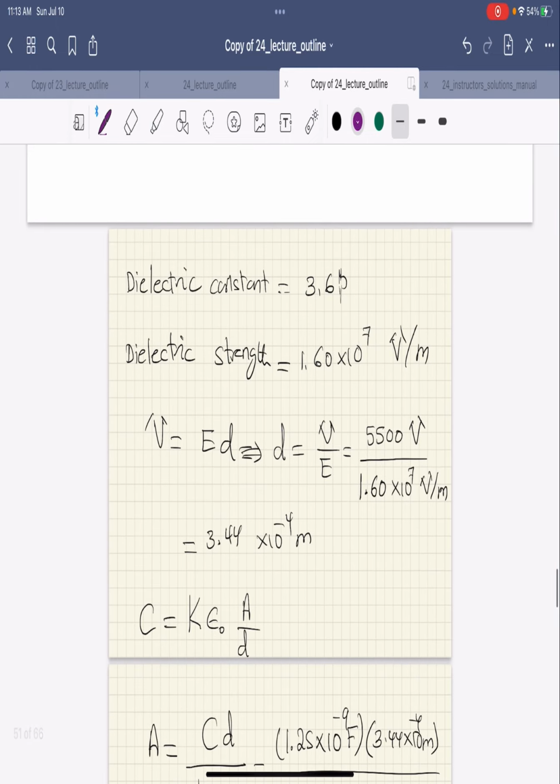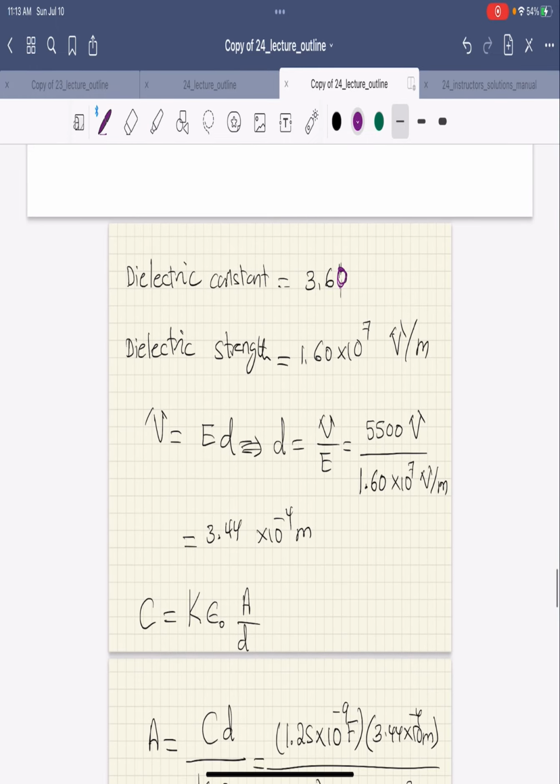Now I wrote here the quantities. Dielectric constant 3.6, the dielectric strength, which is E maximum, is 1.6 × 10^7 volts per meter. We know that V is going to be E times D, and therefore I can calculate D as V divided by E, and that is the distance I'm looking for.